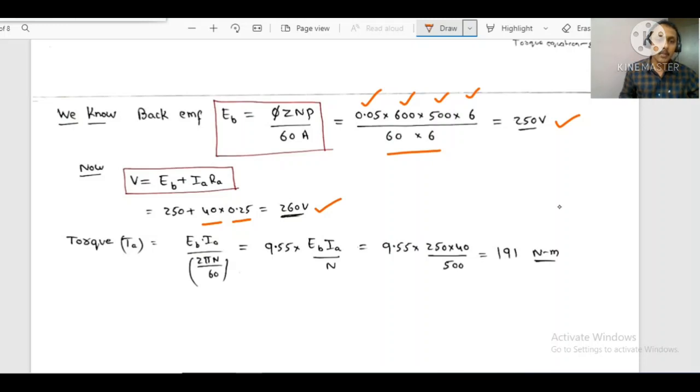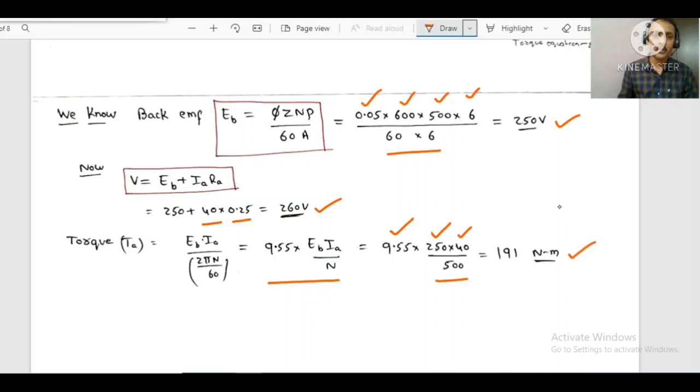Now, what about torque? EB into IA divided by 2 pi N by 60, which is simply 9.55 into EB IA by N. 9.55 into back EMF 250 into armature current 40 divided by speed in RPM, we get 191 Newton meter.